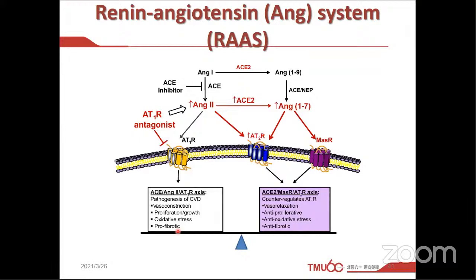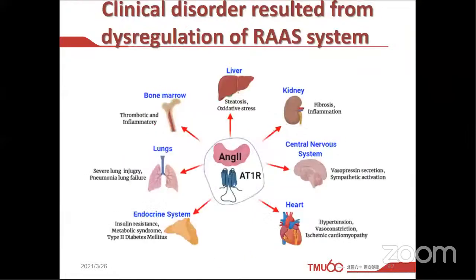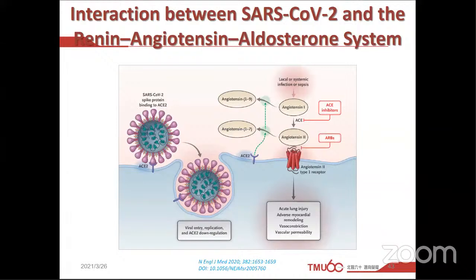The vessel gets smaller, cells start to proliferate, especially fibrocytes, and generate a lot of free radicals and pro-fibrotic signaling. So irregular function of angiotensin 2 and its receptor will cause a lot of inflammatory response in different organs, for example in the liver, the lung, and the kidney. Due to time, I'm not going into detail in this slide. Okay, let's go to the next one.